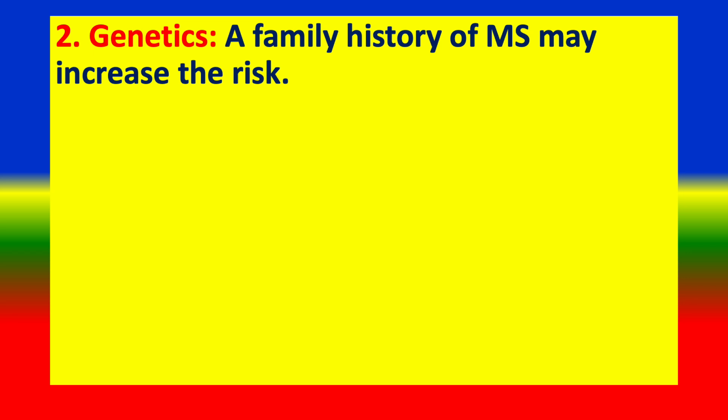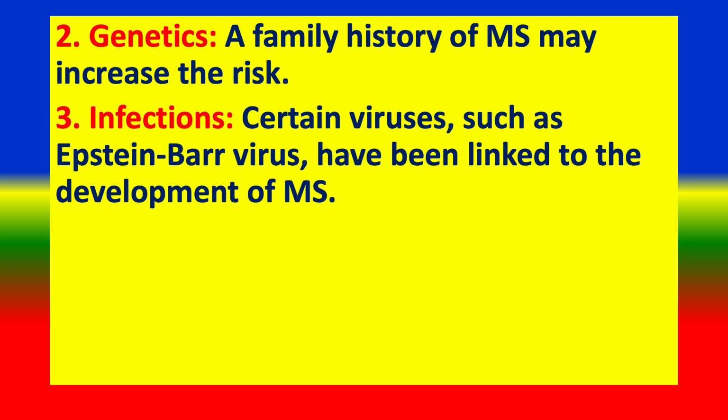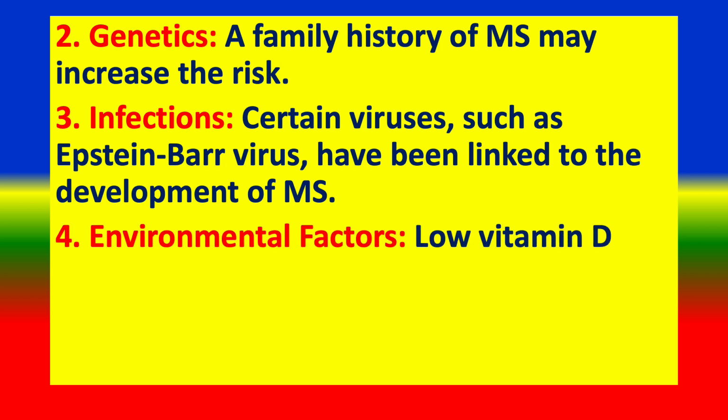2. Genetics. A family history of MS may increase the risk. 3. Infections. Certain viruses such as Epstein-Barr virus have been linked to the development of MS. 4.